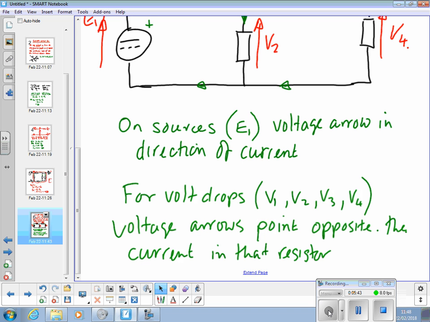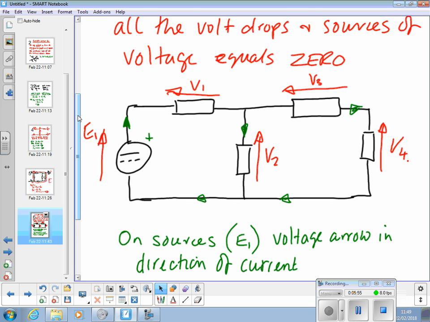It's important that we label up correctly like that when we come to formulate our Kirchoff's voltage law equations. For the volt drops, I've put all the arrows going against the indication of the current flow. In this video we've got current flowing left to right, so the voltage arrows go right to left. This one's up because the current's going down, and so on.